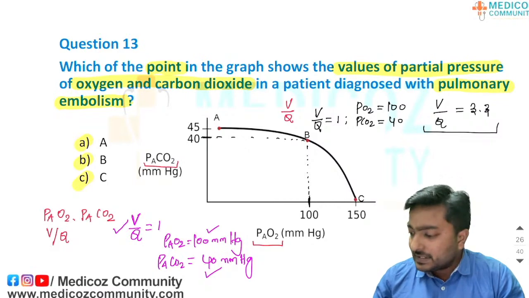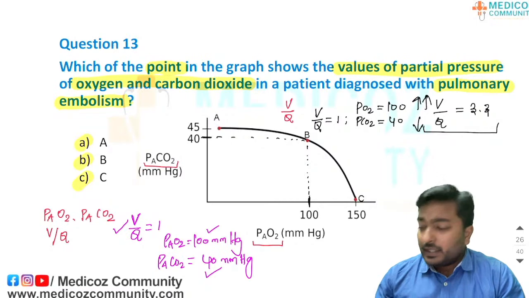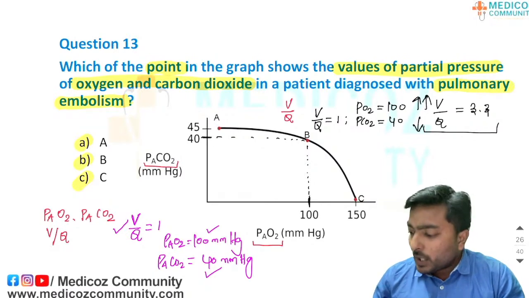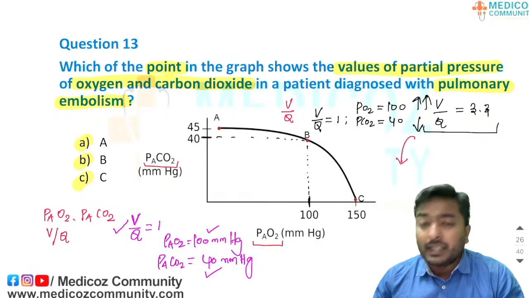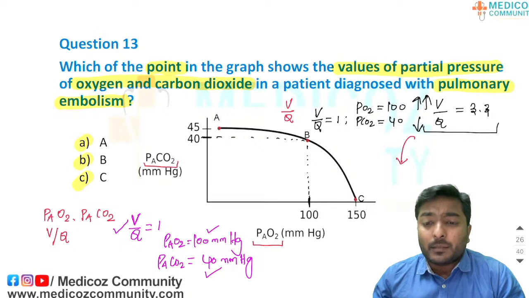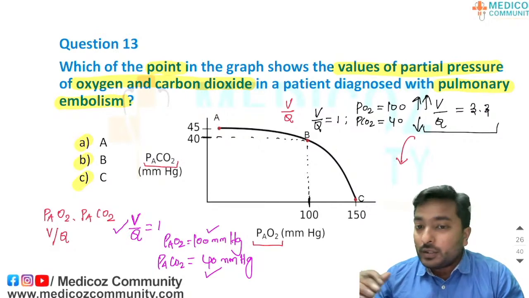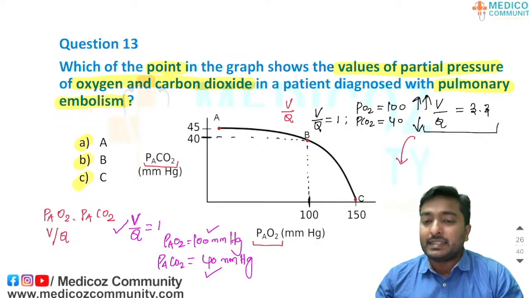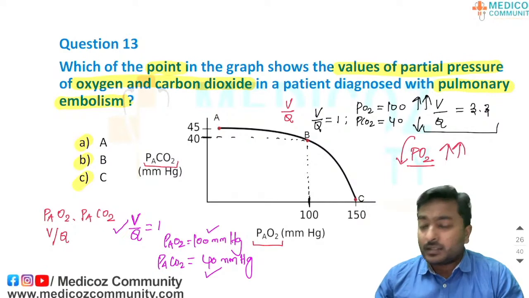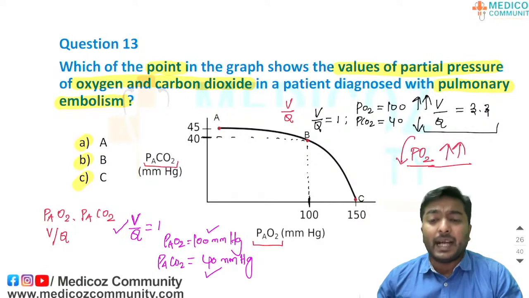Perfusion is less and ventilation is much more. If ventilation is much more, a larger amount of fresh oxygen comes into the alveolus, and since more fresh oxygen comes in for the small amount of blood flowing in the apical regions, the PO2 in the apical part of the lung will be very high, or we can say it's the highest in the apex.